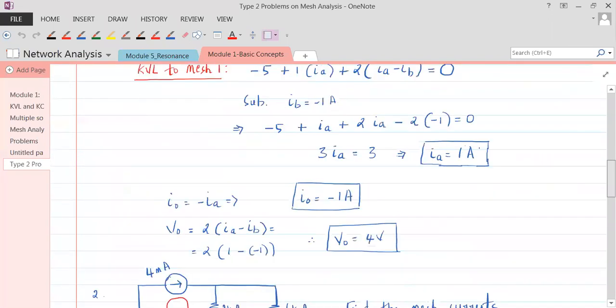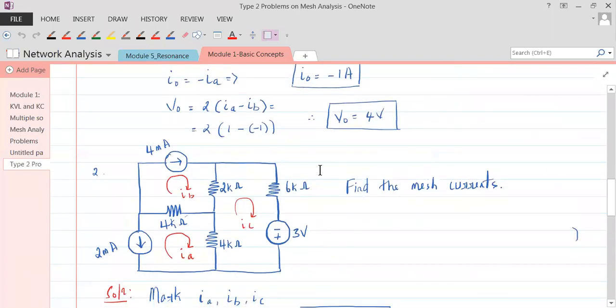In the second circuit that we saw, we had three meshes and two current sources connected. Both the current sources are on the boundary. One current source belongs to mesh 2 only and the other belongs to mesh 1 only. In mesh 3, we don't have any current sources.